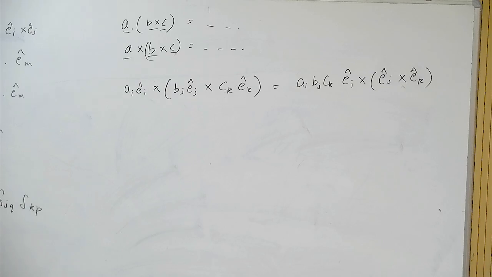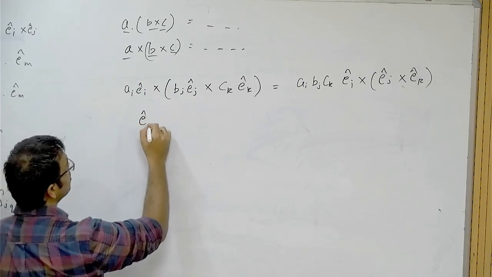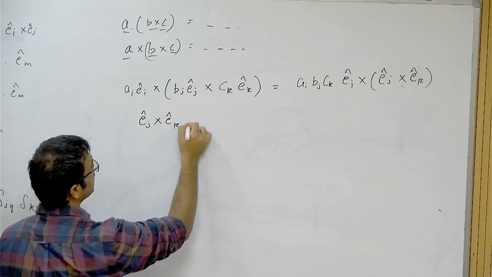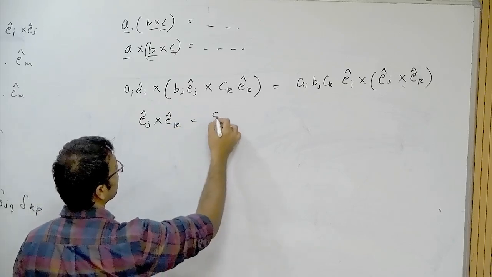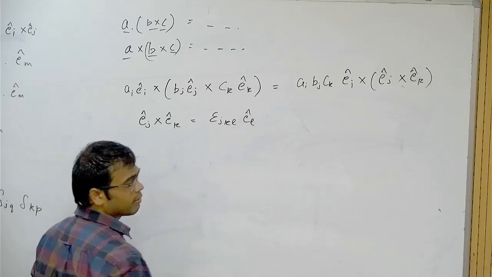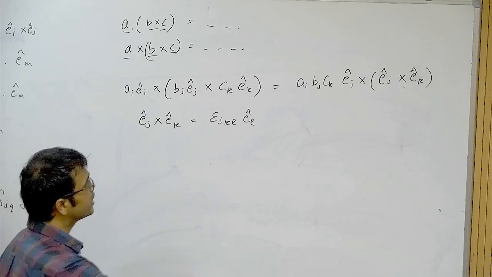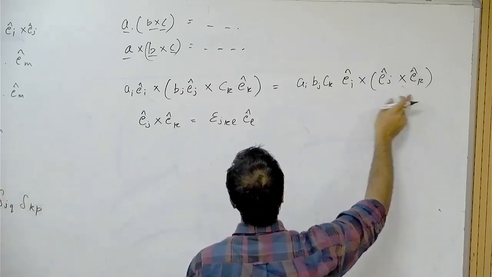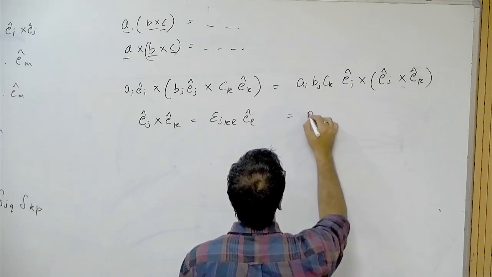So e hat j cross e hat k is epsilon_jkl e hat l, right? So I can substitute this e hat j cross e hat k using this. So what do we get?